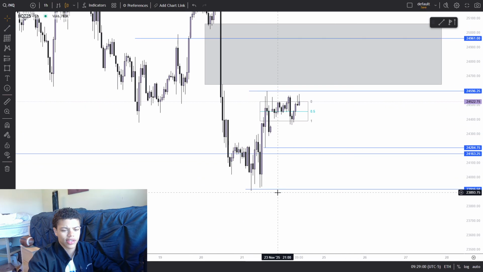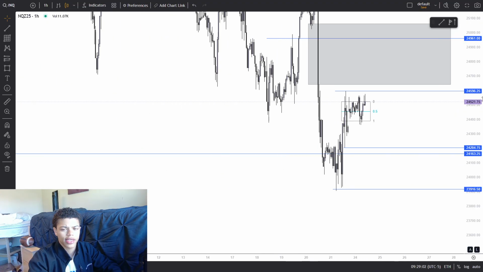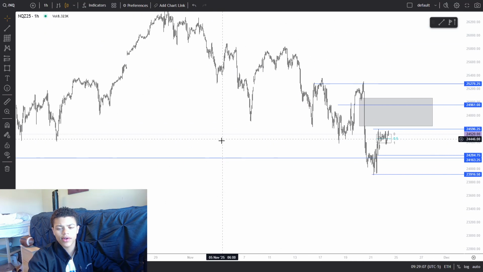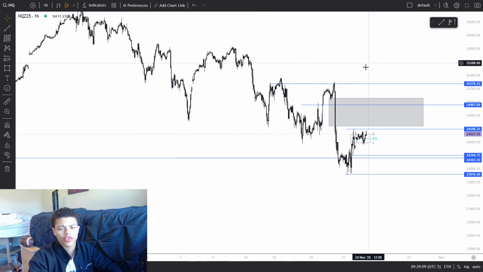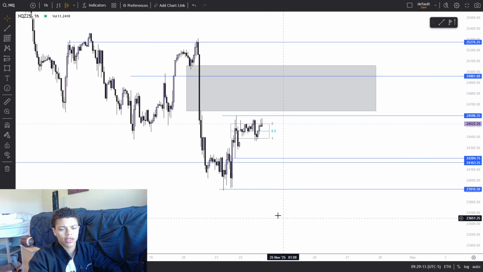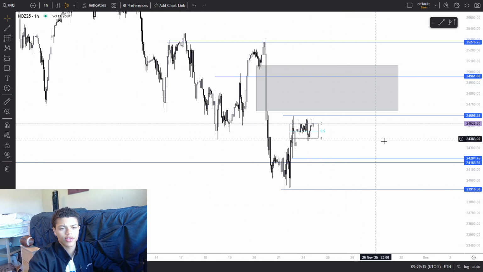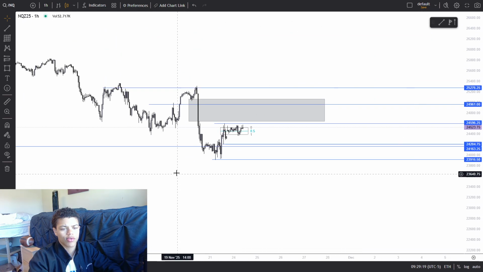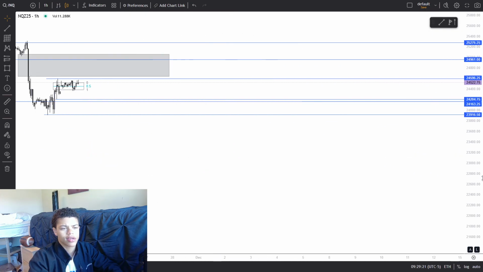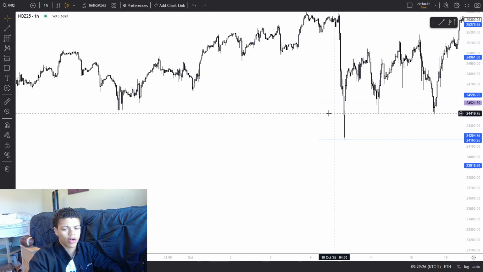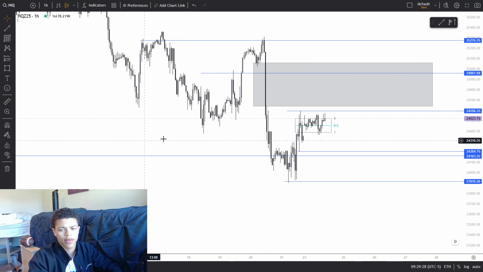We also have the sell side liquidity that we can take out before we push higher, because I think this liquidity sweep on a higher time frame is going to push us a lot higher. But I think we still want to take out this liquidity down here before we push higher, because I think we're going to push real high this week, due to us taking out all this, bringing all this relief into the market.